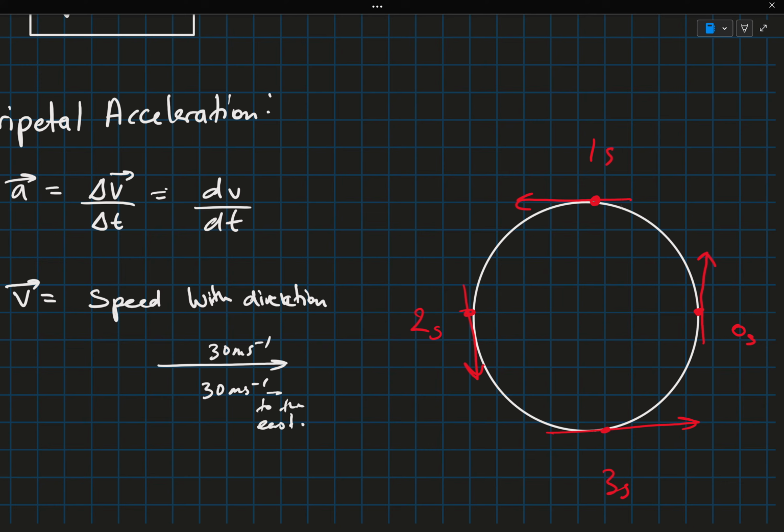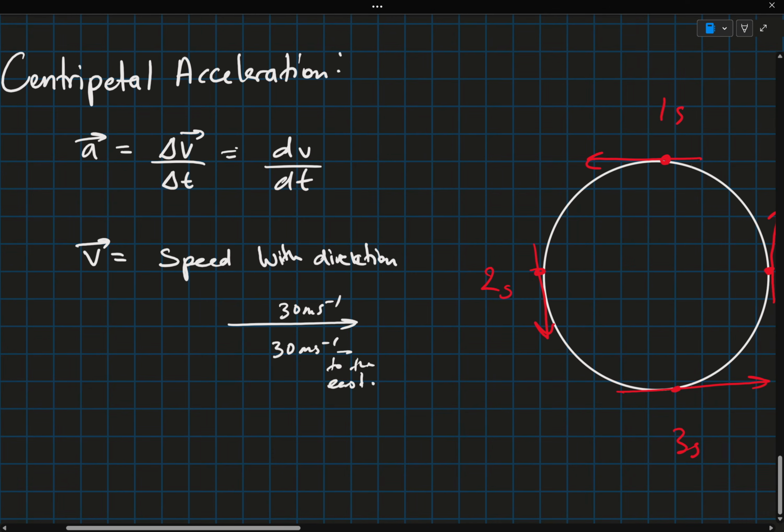So if we change direction, doesn't that mean that we're changing the velocity as well? Because the velocity is speed with direction and we're changing the direction. That means that we're having some impact on the velocity. Even if the speed remains constant, we're having some change in direction, and that change in direction would require some acceleration.